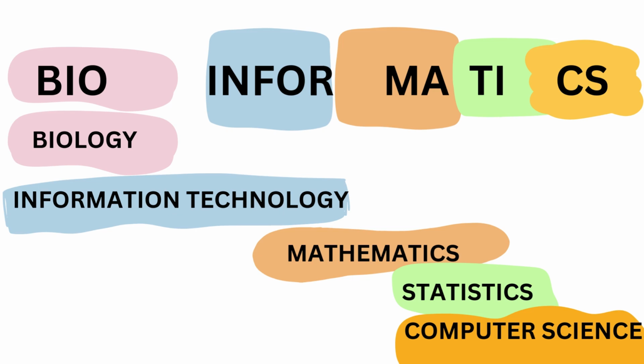Like bio means life, inform stands for information technology, whereas ma stands for mathematics, T is representing a contribution of statistics, and lastly, CS denotes the computer science or computational methods.